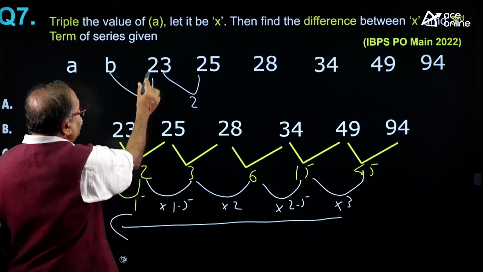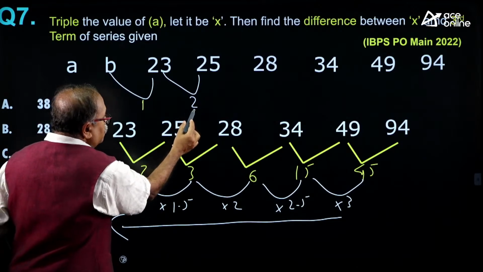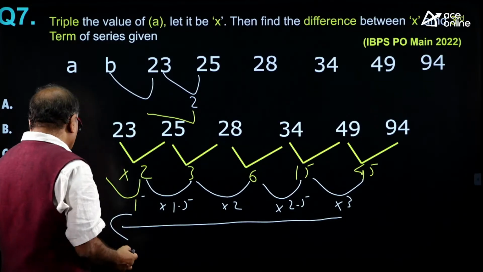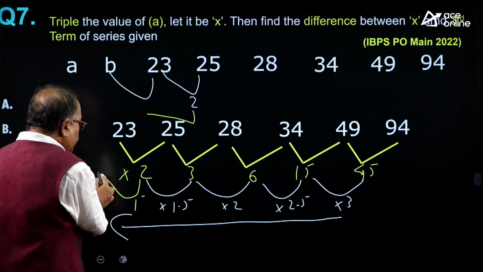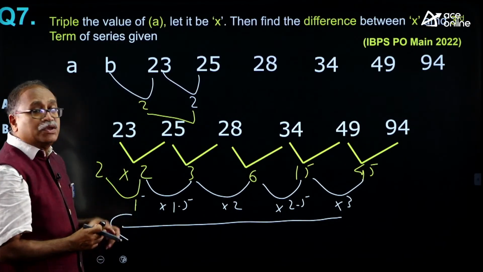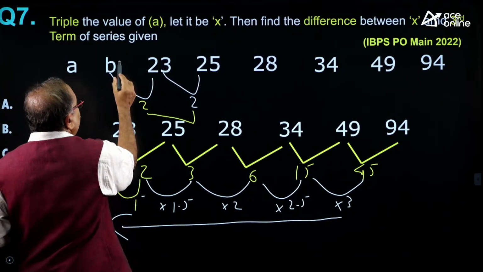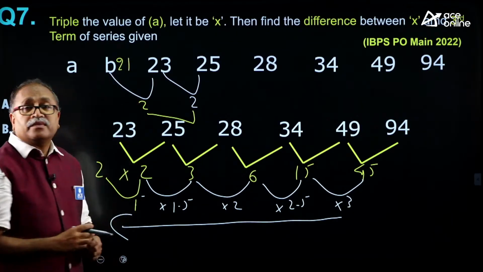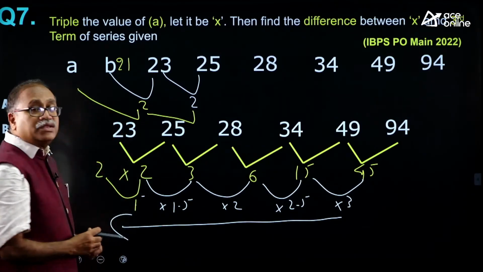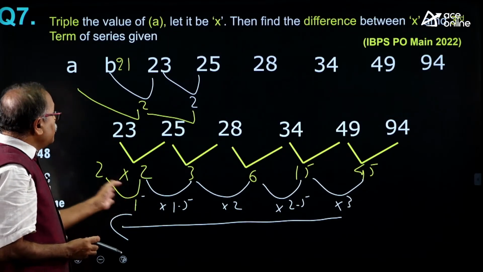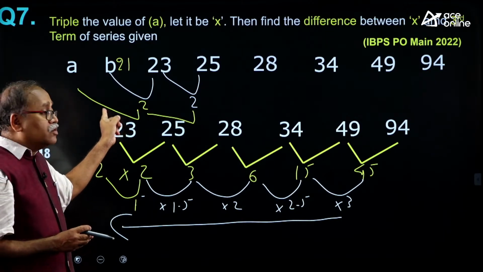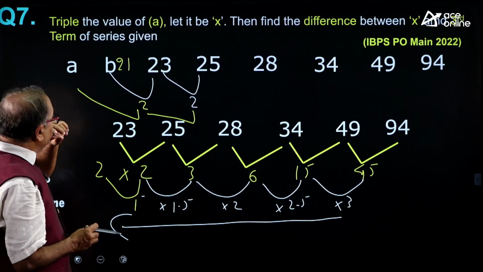So, into 1, when I multiply this 2 into 1, I will be getting this number as 2. So, that means this number is 2. So, 23 minus 2, this number is 21. And what should I do the next one to get this one? So, here into 1 into 0.5. So, 2 into 0.5 is nothing but 1. Am I right?